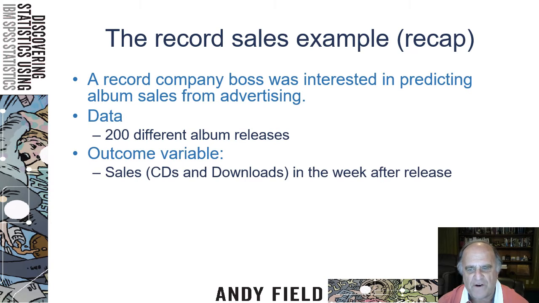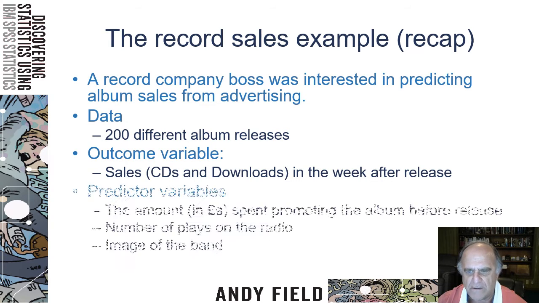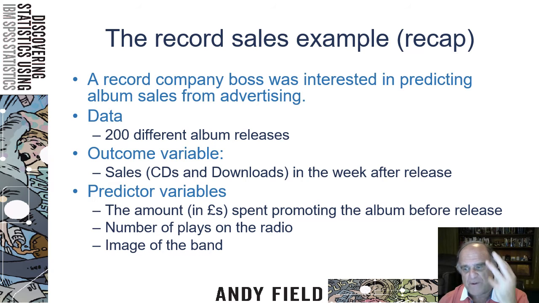The outcome variable was sales, CDs and downloads, in the week after release. And the predictor variables, we now have 3: the amount spent promoting the album before release, the number of plays on the radio, and the image of the band. So band image, not brand image like I thought last time.